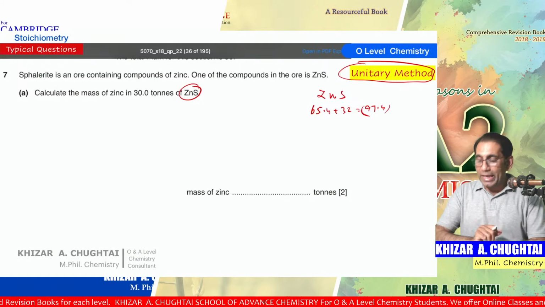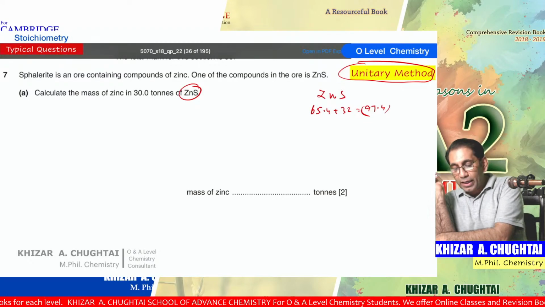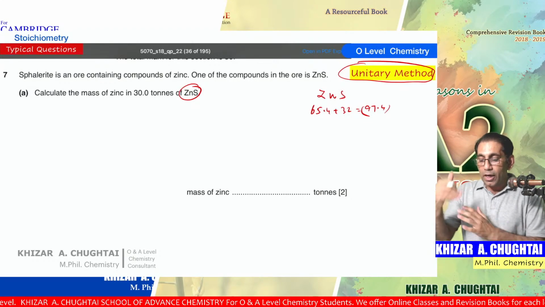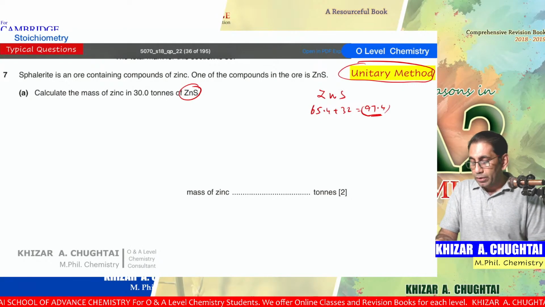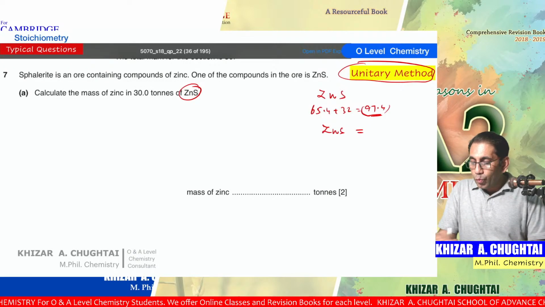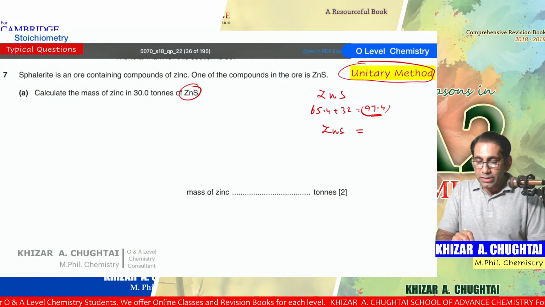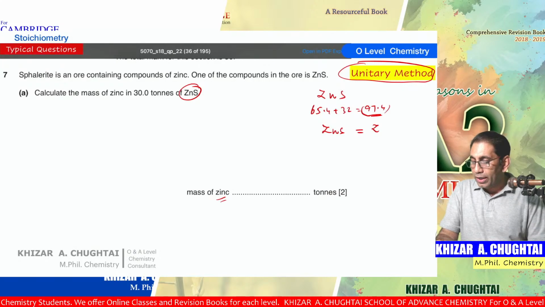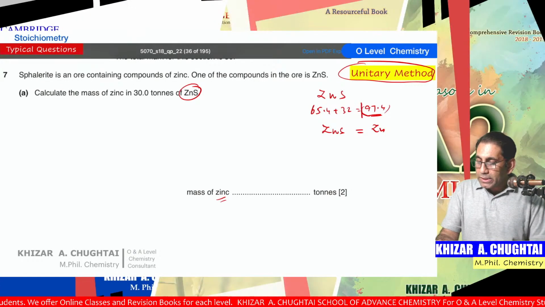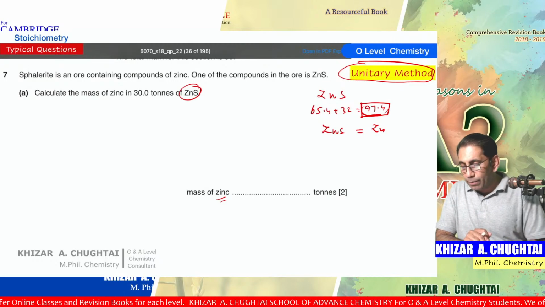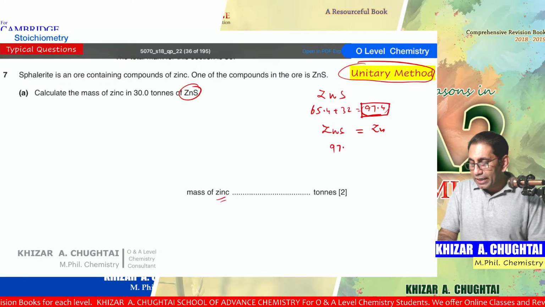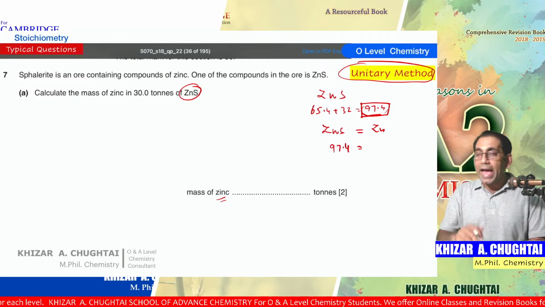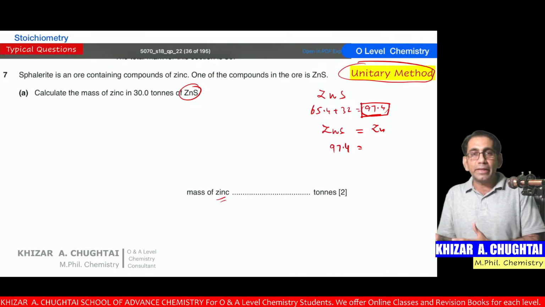So if the formula is given and I am supposed to find the answer from the formula, I will start from Mr, which is equal to 97.4. So I am going to compare this ZnS that is given, and what is to be found in this question, that is the mass of zinc, only zinc. So if we purchase 97.4 gram of ZnS from a shopkeeper, how much zinc will be there?